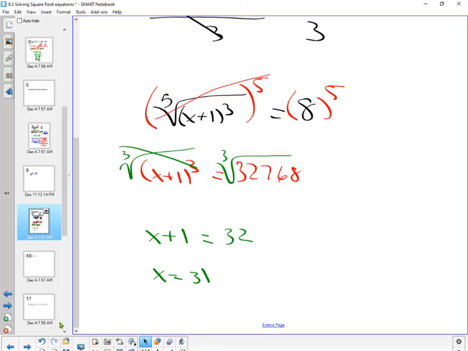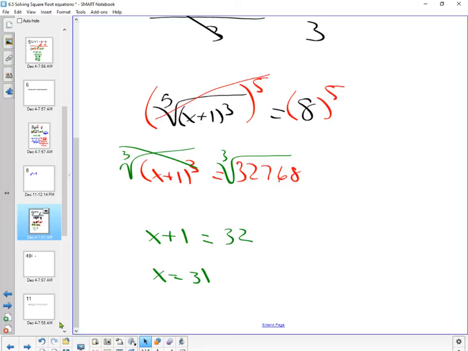Why did I do plus minus here? Should I have done plus minus? No, it's not squared. That only happens when it's a square, right? If I have a negative times a negative times a negative, it is negative. Positive, positive, positive is positive.